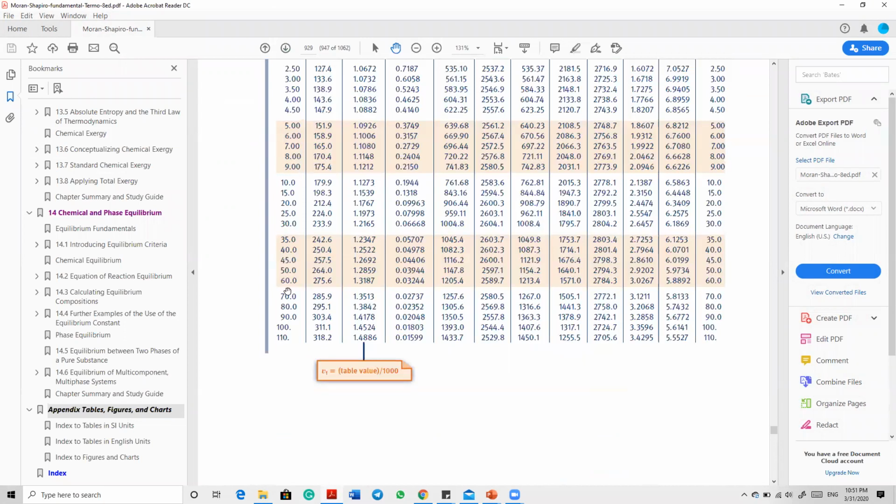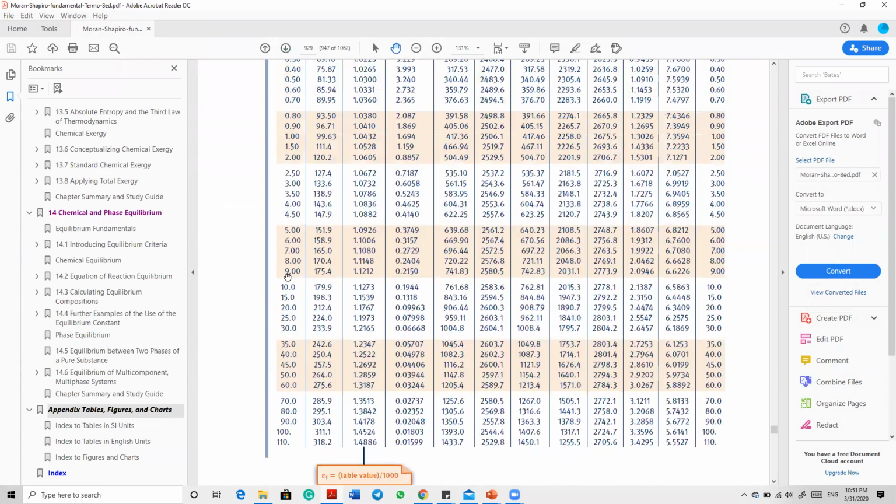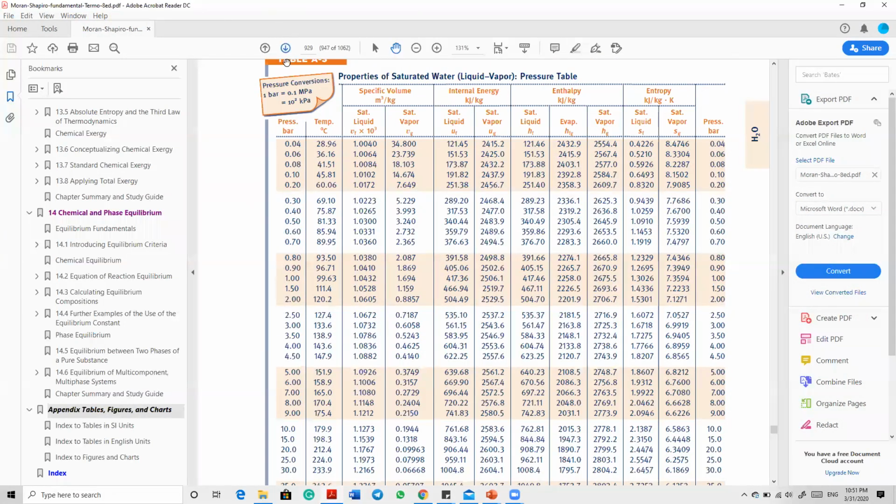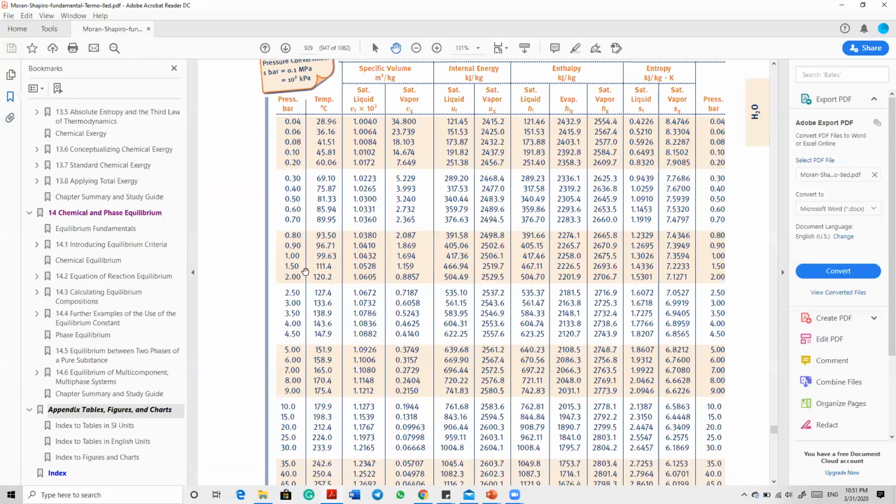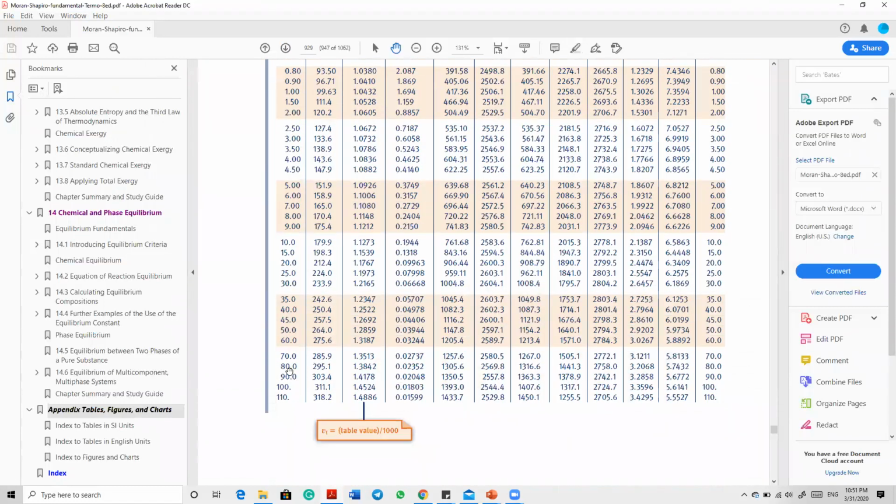My pressure is 10 megapascal, which is 100 bar. So let me go to 100 bar. Let me double check the problem. Now my pressure was 10 bar, my apologies.